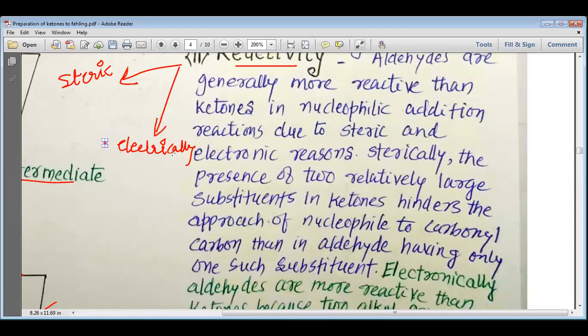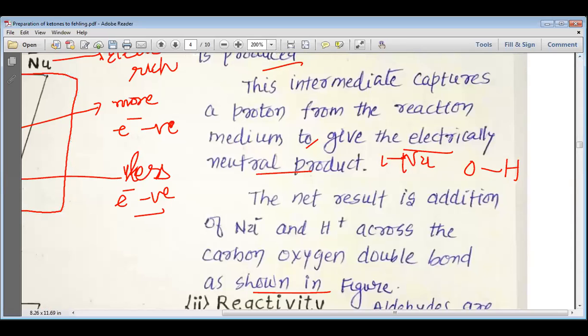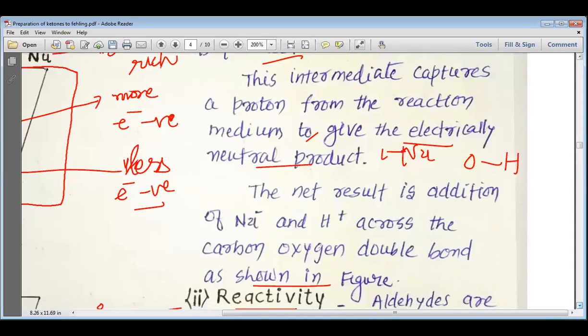So here we try to compare the reactivity of aldehydes and ketones in comparison with each other.